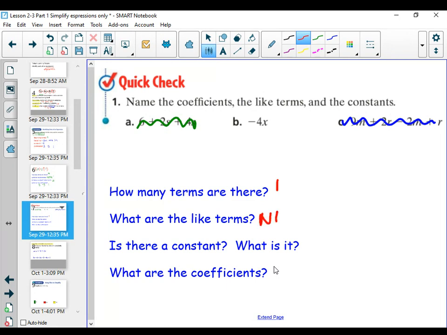None. Happens sometimes. Is there a constant? A number by itself? Not this time. Happens. What are the coefficients? I can't remember. Oh yeah, the number in front of the variable.